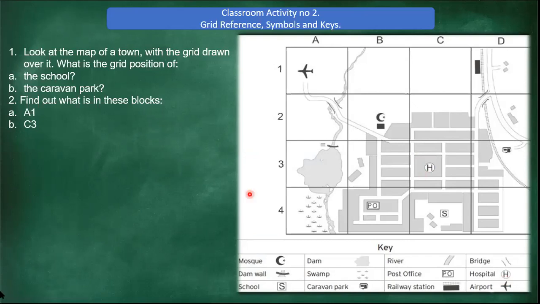Let's quickly move. What are we having in D1? What are we also having in D3? What are we having in D1? We have Tyron.